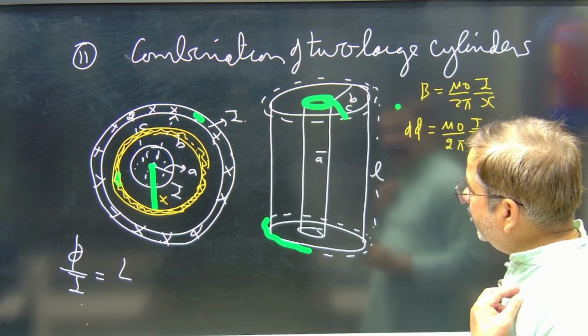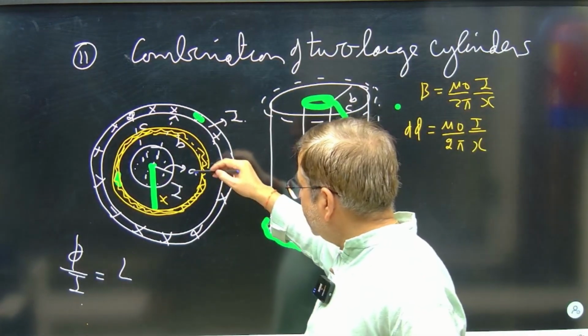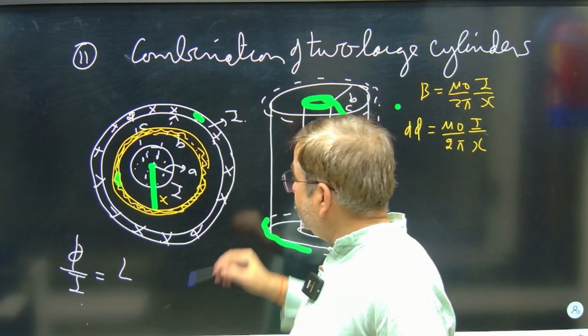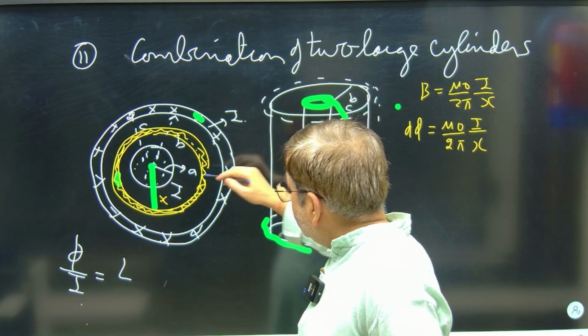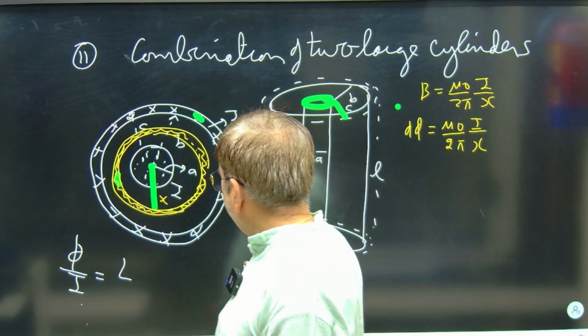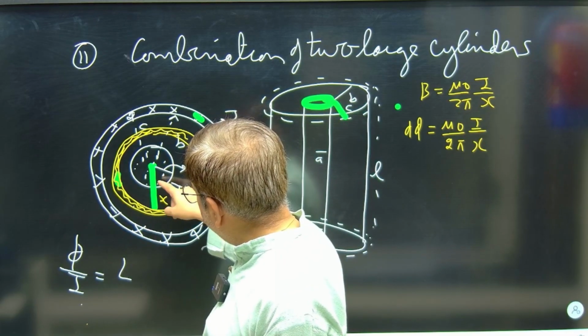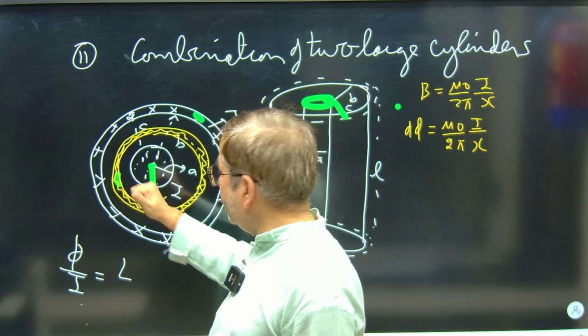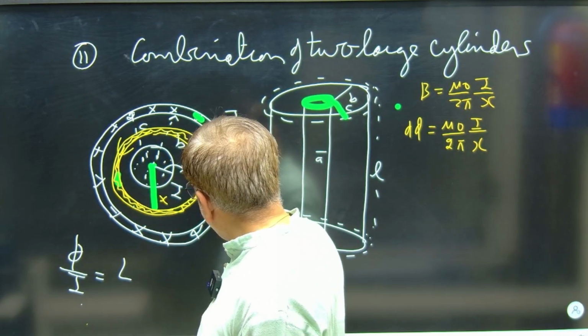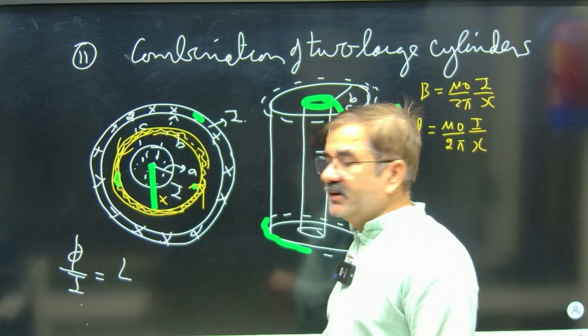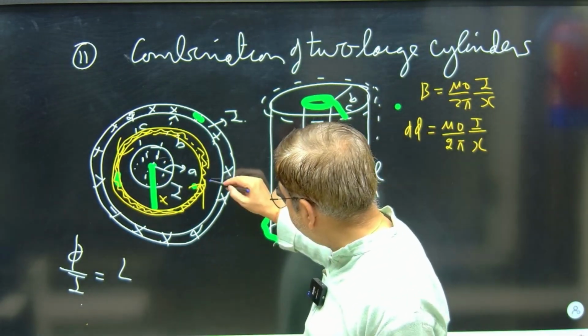Now for this field value, if I have to go for the flux, what will happen due to this current flow? How will the field lines go? Say the current is coming outside, the field lines will have the pattern like this, surrounding them. So these are the field lines.